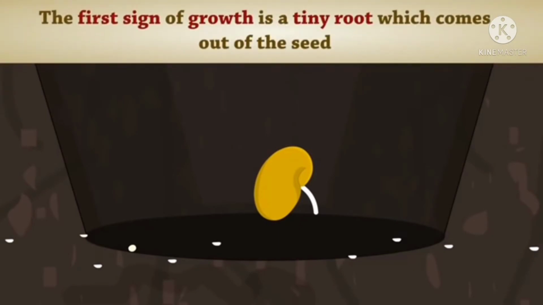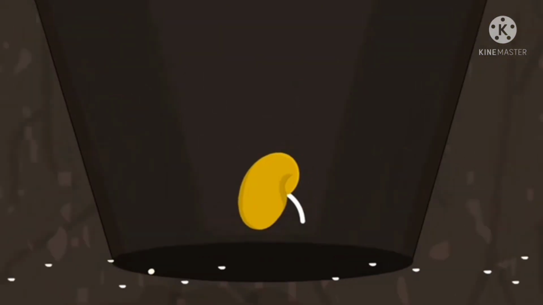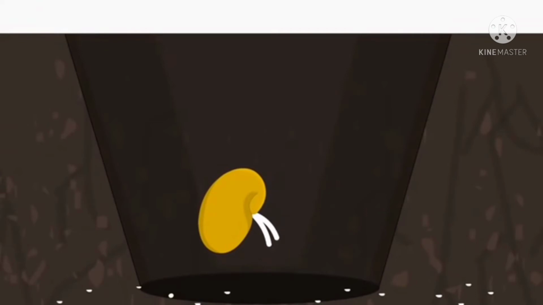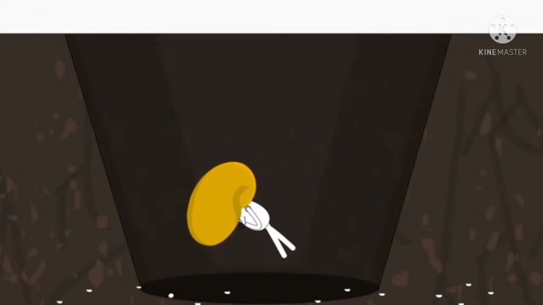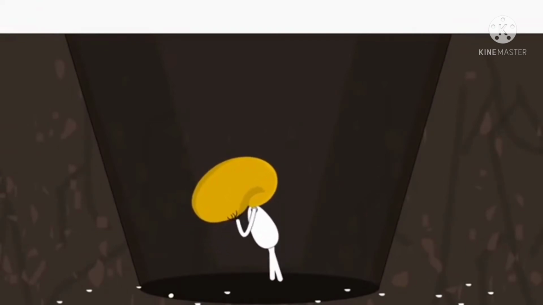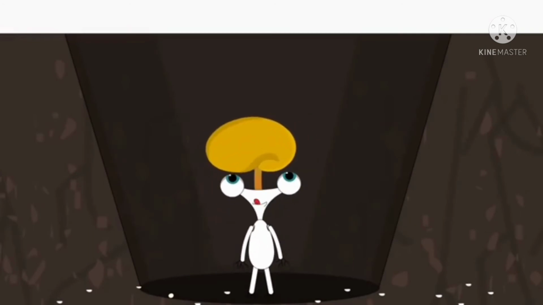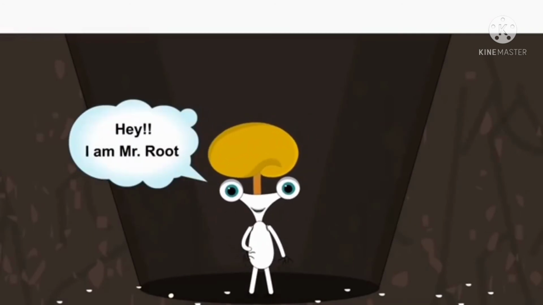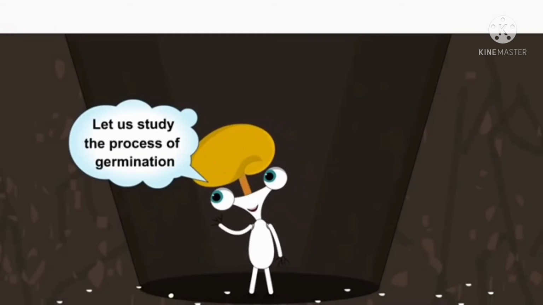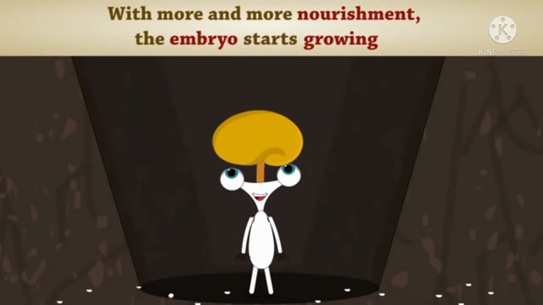The first sign of growth is a tiny root which comes out of the seed. Hey, I'm Mr. Root. Let us study the process of germination. With more and more nourishment, the embryo starts growing.